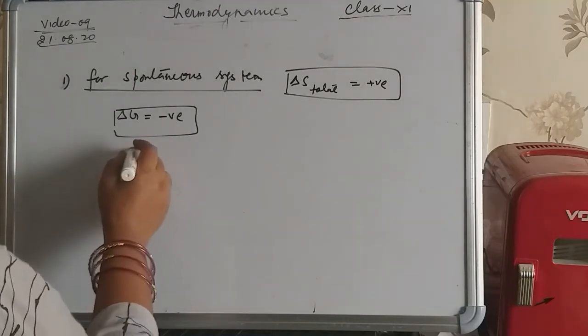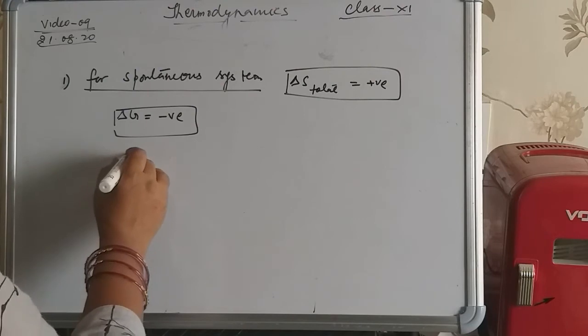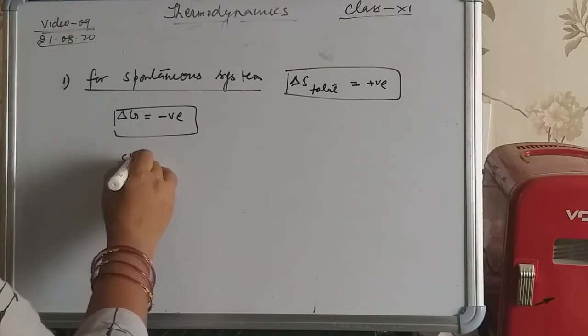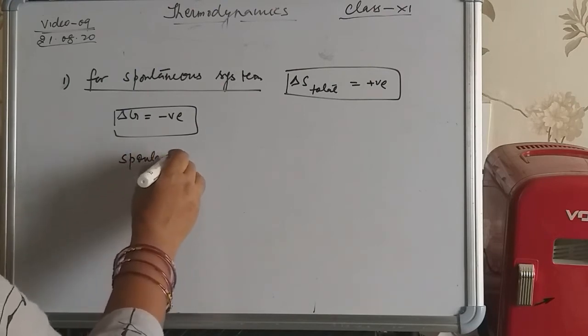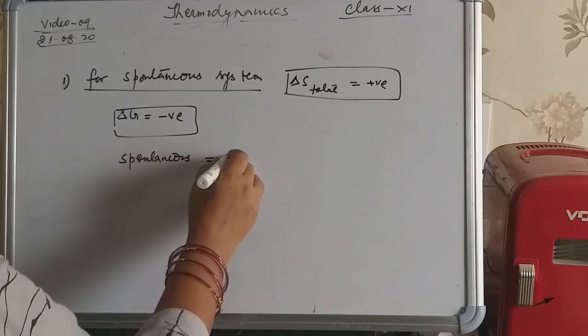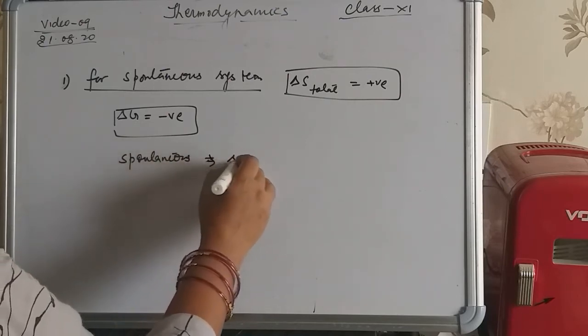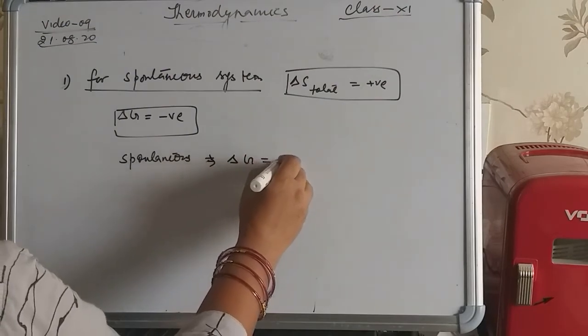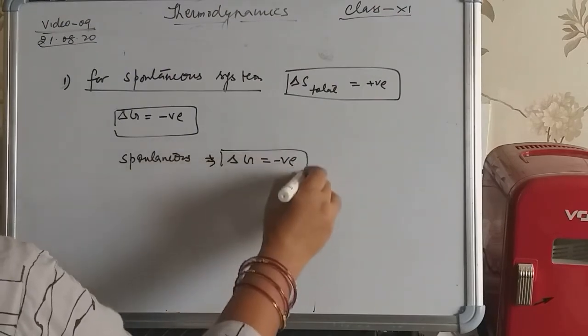So we can write here that for a spontaneous process, the Gibbs energy should be negative.